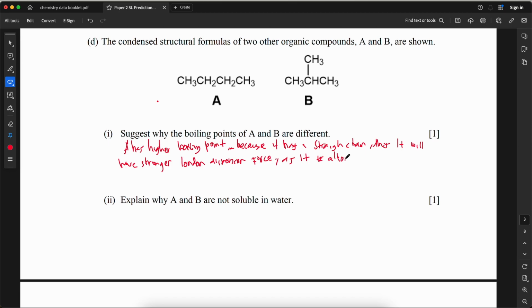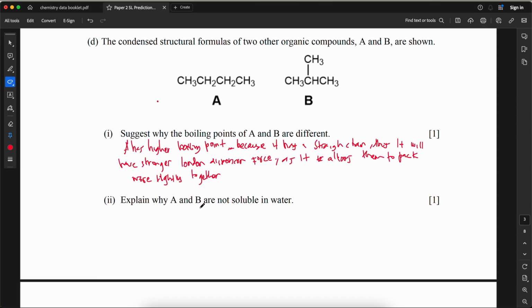So the key here is, the more the molecule has branches, the less London dispersion force or intermolecular forces the molecule will have. So the straight chain will have higher London dispersion force compared to the one that has a branch.